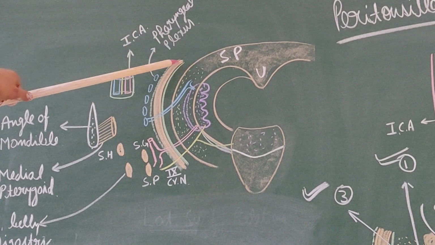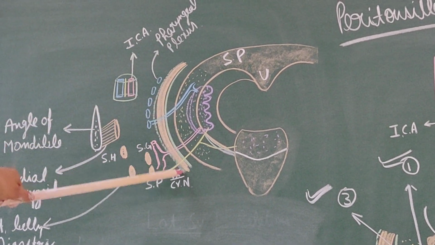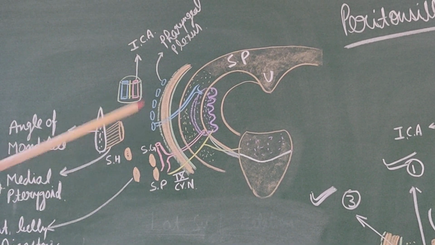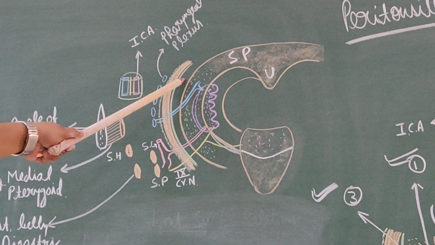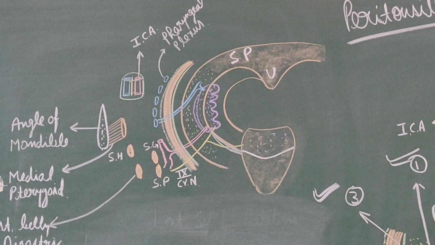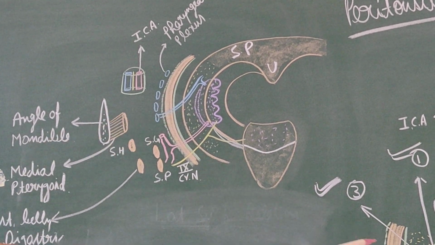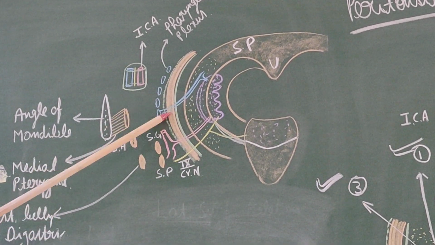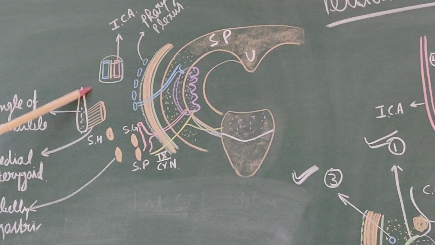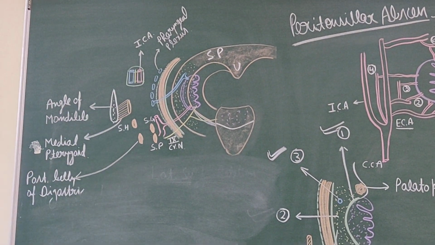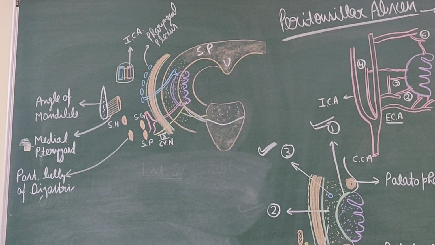This muscle, the superior constrictor, mainly forms the bed of the tonsil, covered by the fascia inwards and outwards. Now these superior constrictor muscles separate this lateral surface of the tonsil from these structures.